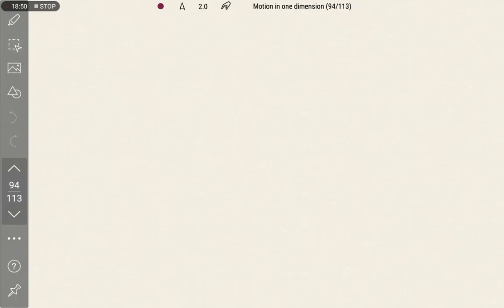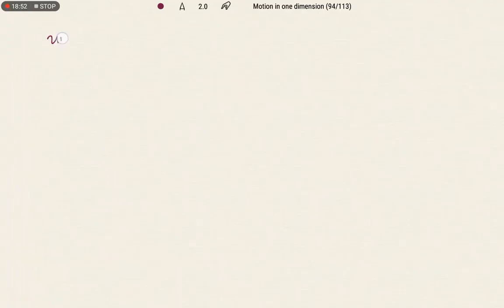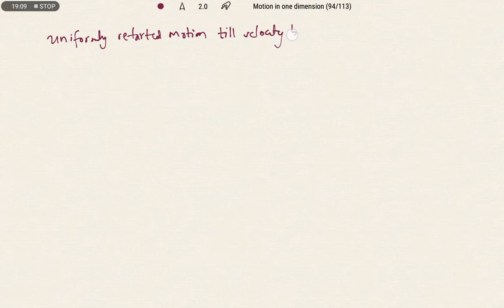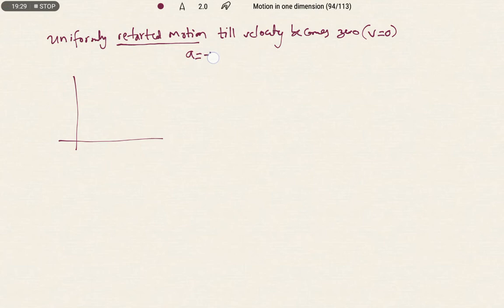Let us take the next one: uniformly retarded motion or decelerating motion till its velocity becomes 0. That means its final velocity becomes 0. In a uniformly retarded motion, acceleration is negative, a is negative.